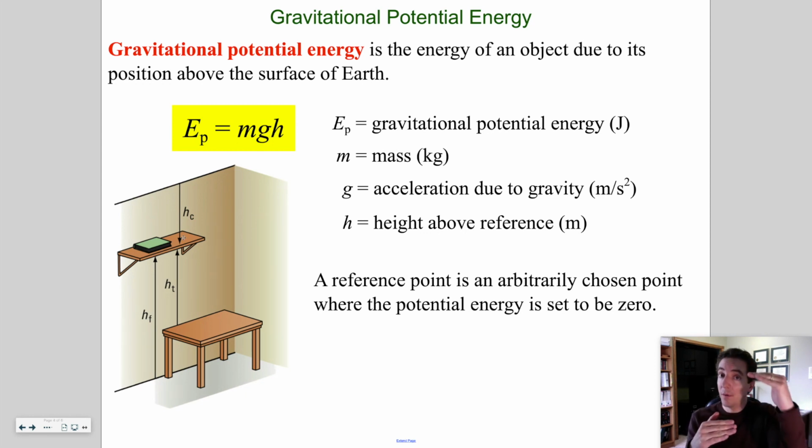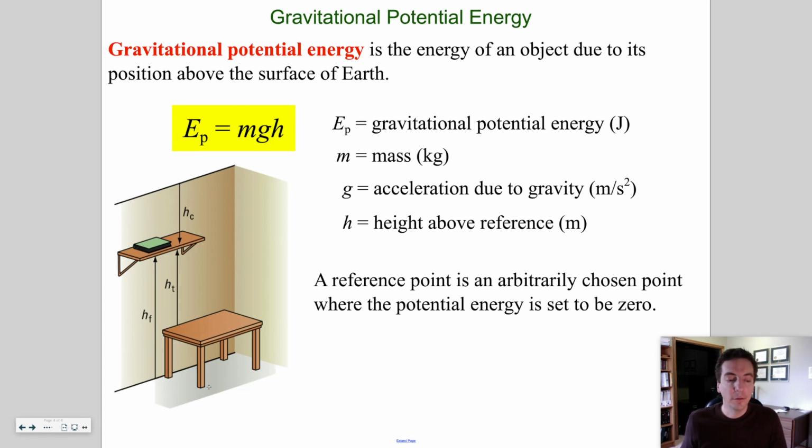So anything hotter than that's positive, anything colder than that is negative. Arbitrary. Same thing with the table here. If you choose your reference point to be the table in the picture, anything above the table would have positive potential energy with respect to the table, and anything below the table would have negative potential energy.